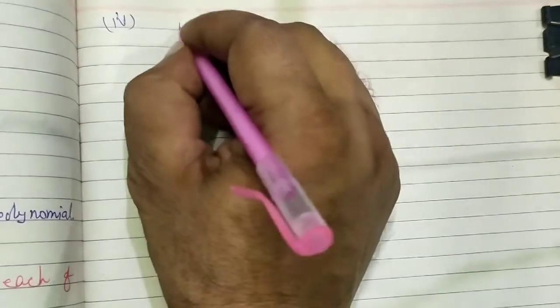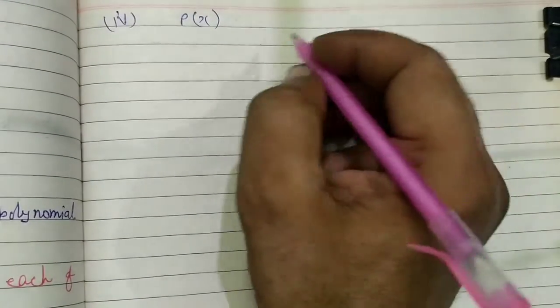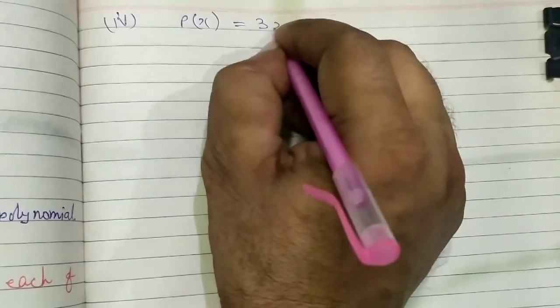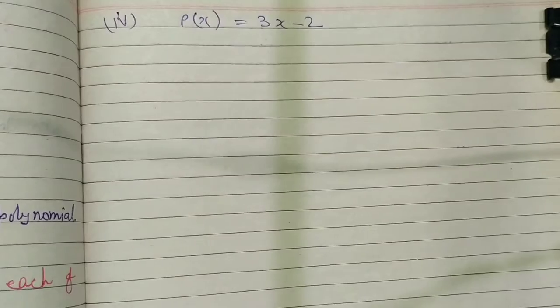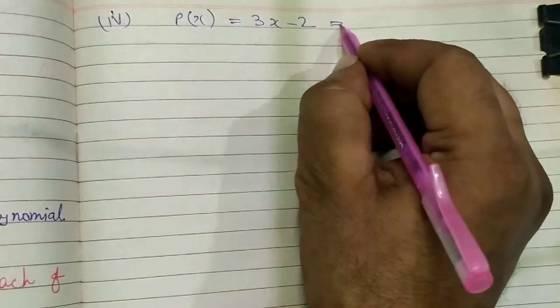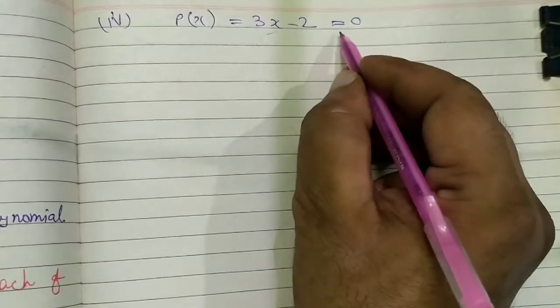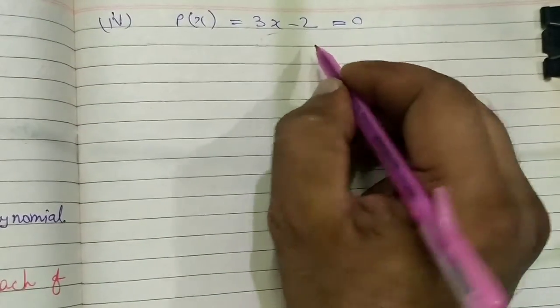And the fourth one is p(x) is equal to 3x minus 2, right? Okay, so now here it is given that it is equal to 0. We have to take this. So let's transpose whatever we don't need to the other side.